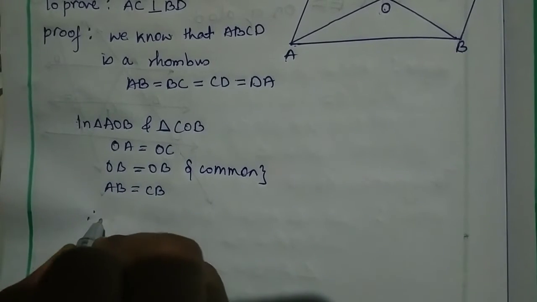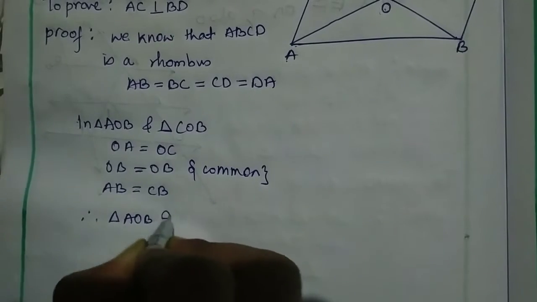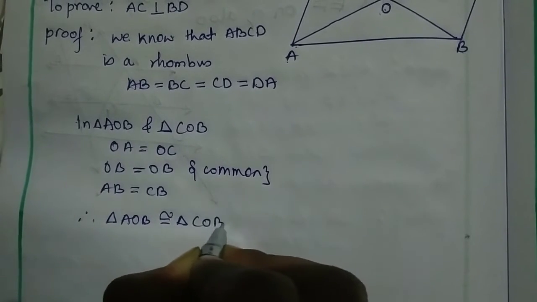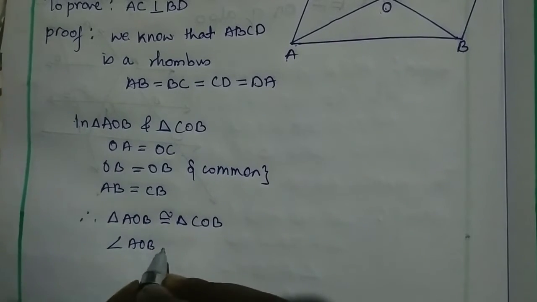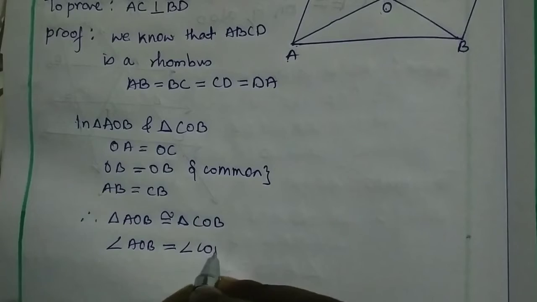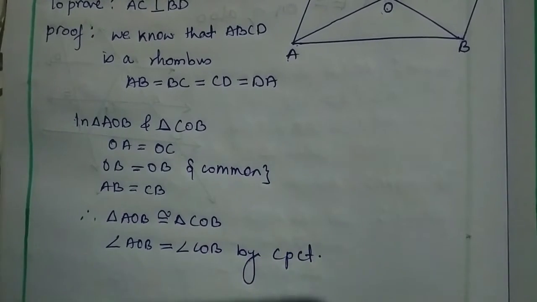So therefore triangle AOB is congruent to triangle COB. So angle AOB equals angle COB by CPCT.